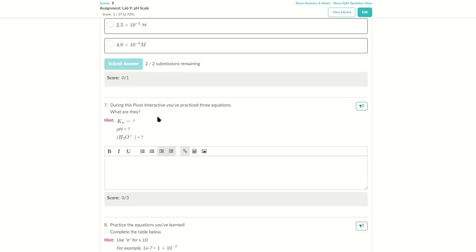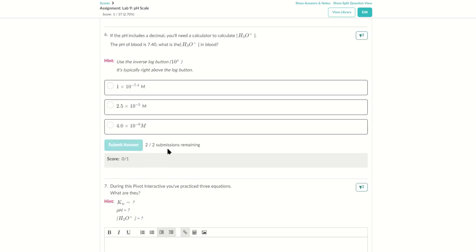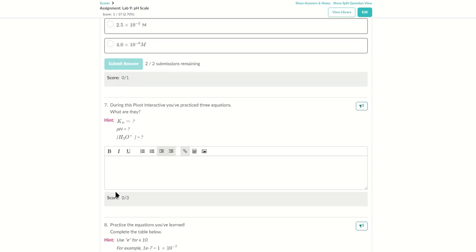Now, once you get to this point, you don't have to worry about this one. KW, don't worry about that one, okay? There was a portion in this lab that had to do with KW that I took out just for the sake of making it a little bit shorter. So don't worry about KW, just describe what pH is and what hydronium is, okay?